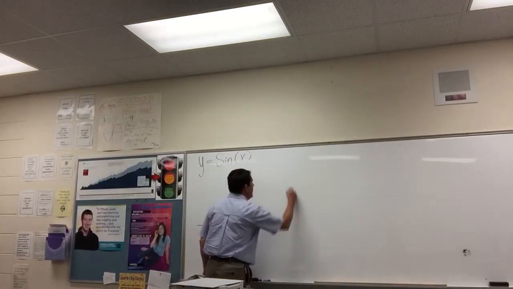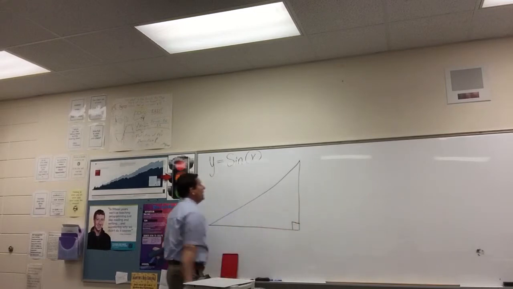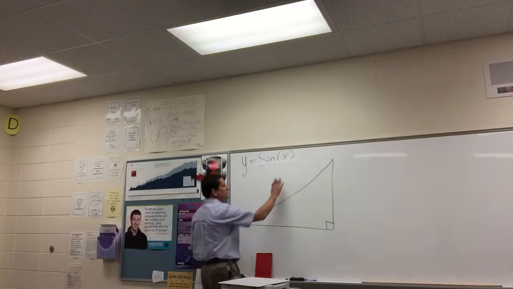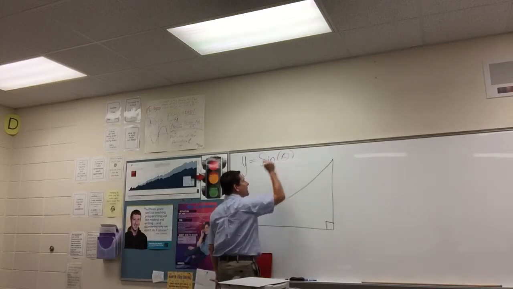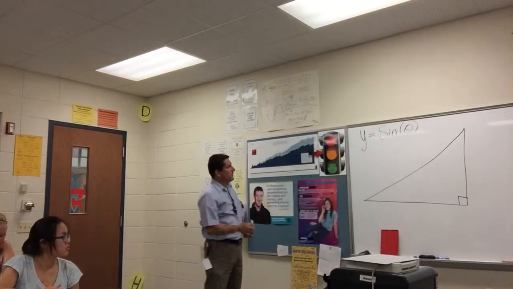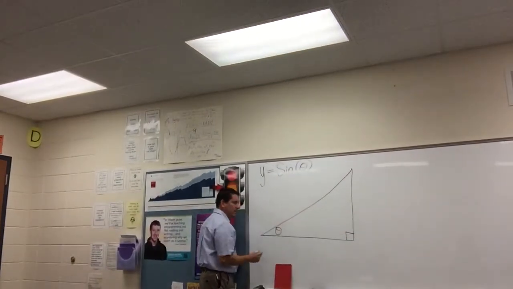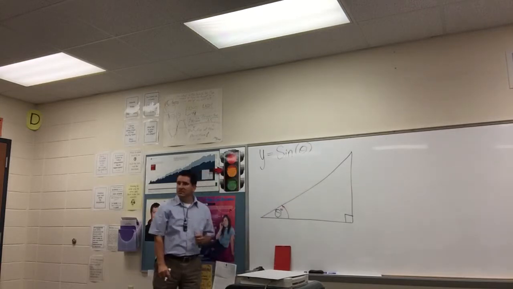So let's draw a right triangle. To make this a little bit better so it's not as confusing, I'm going to turn this into theta. It's a Greek letter that we often use for angles. So I'm going to place theta here, and it's the number of degrees of that angle.